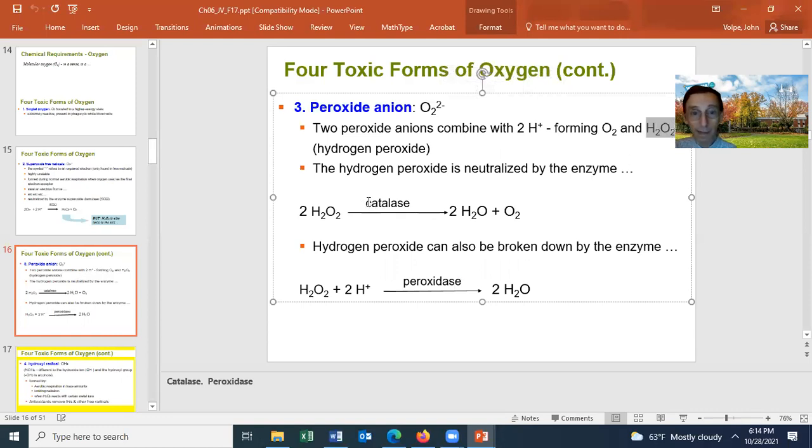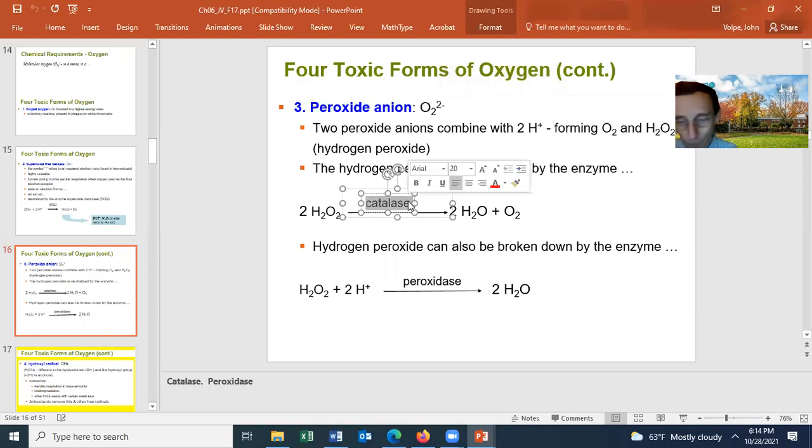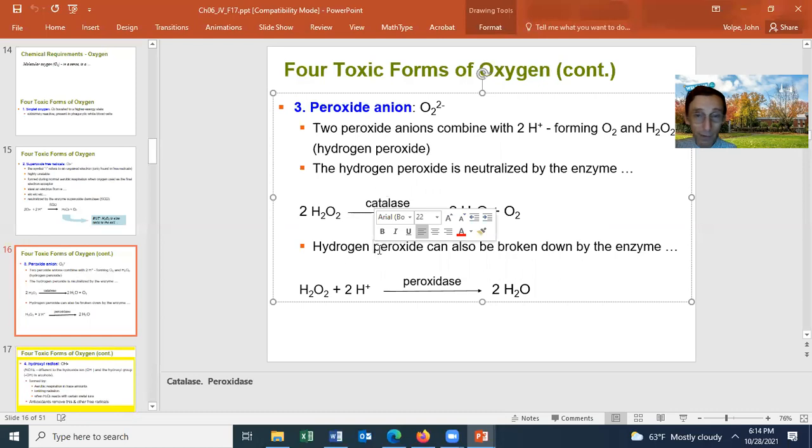Our skin cells have the enzyme catalase in it. And I think, although I don't know this for a fact, but I think all of our cells have the enzyme catalase in it. Most bacteria that live in oxygen have the enzyme catalase, but some bacteria that live in oxygen have the enzyme peroxidase.